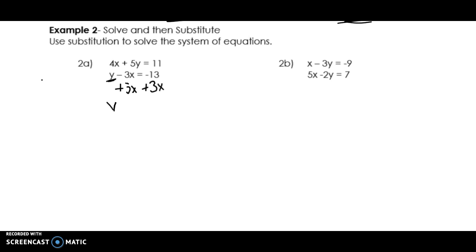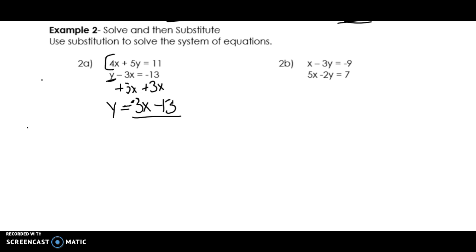So to do that, I'm gonna add 3x to both sides in the second equation. So I get y equals 3x minus 13. Okay, so now I have y by itself. Now I'm going to solve for x by plugging 3x minus 13 in for y in that first equation.